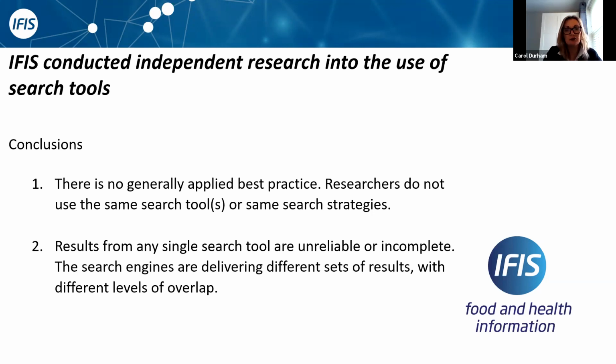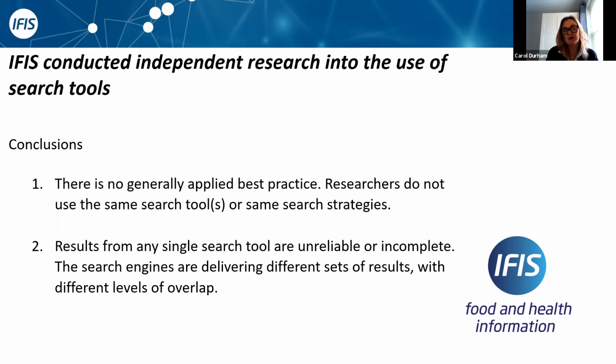One of the research projects that we conducted a couple of years ago was looking at search tools and how people conduct food science searching, and the conclusion was that there is no generally applied best practice. So researchers don't use the same search tools when they're researchers in food science. They don't go to the same places. They don't use the same search tools as their colleagues necessarily, and they don't have the same search strategies.